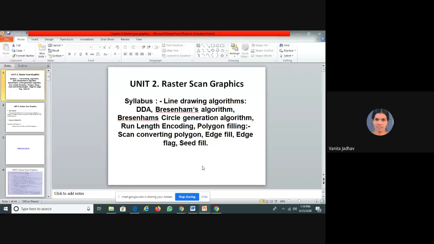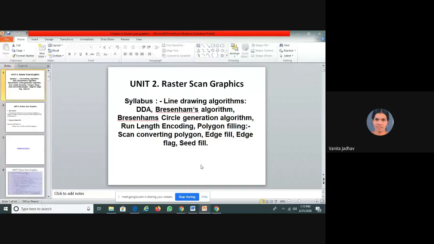Can I proceed to the next slide? Line drawing algorithms, DDA, Bresenham's algorithm, Bresenham's circle generation algorithm, run length encoding, polygon filling.